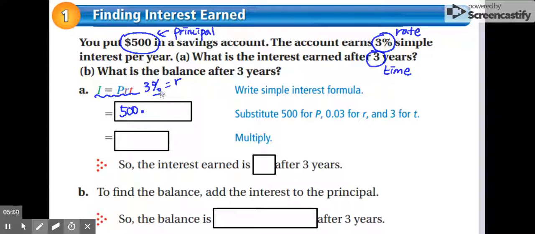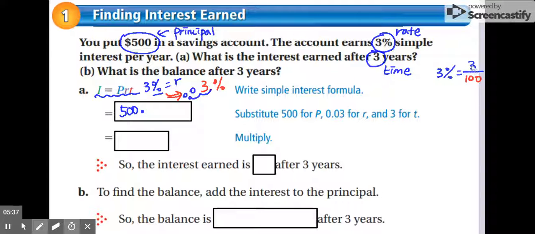So you have to change this to decimal. So 3%, it's actually 3.0, right? So to find the percent, you have to move the decimal to the left by 2. So it's going to be 0.03, or you can also change this to 3% is 3 out of what? 3 out of 100, right?